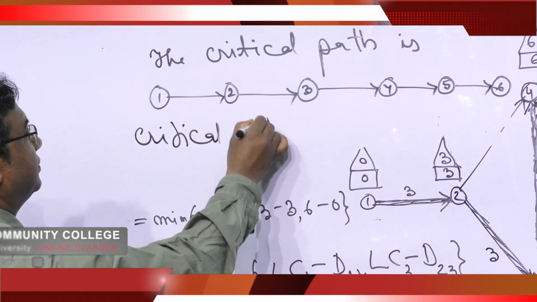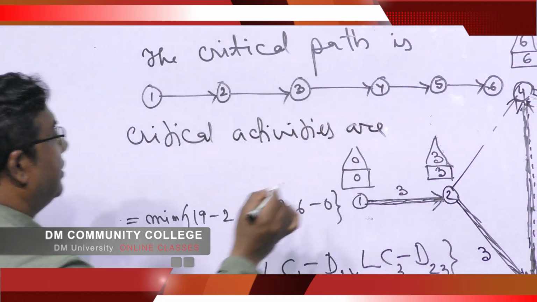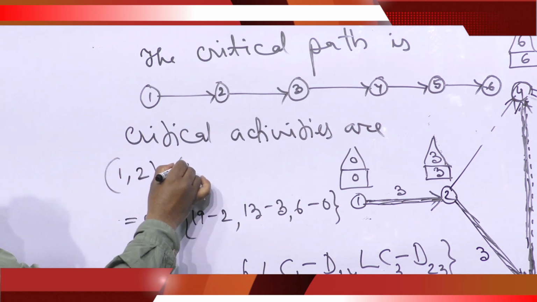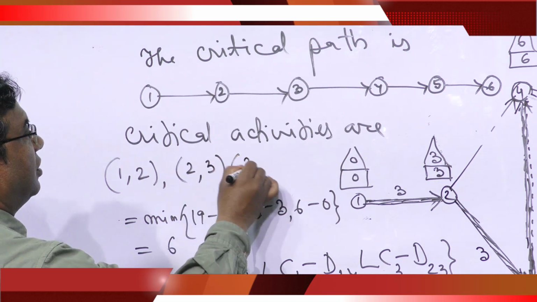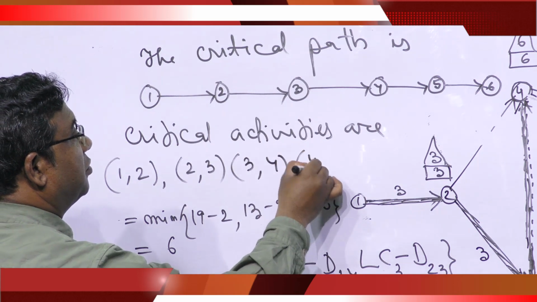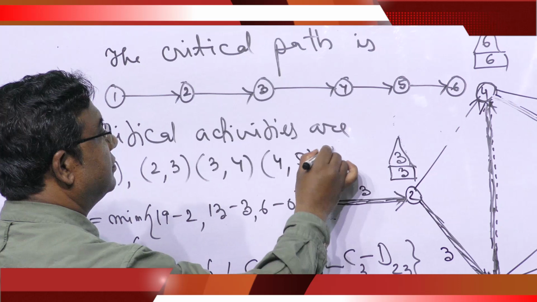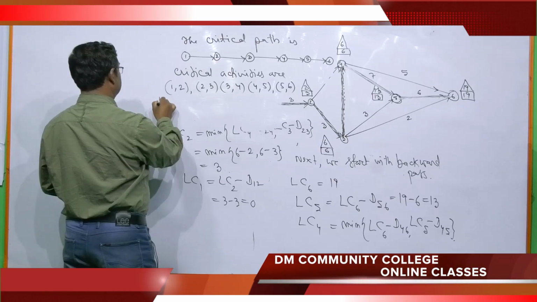Critical activities are 1-2, 2-3, 3-4, 4-5, 5-6. These are the critical activities.